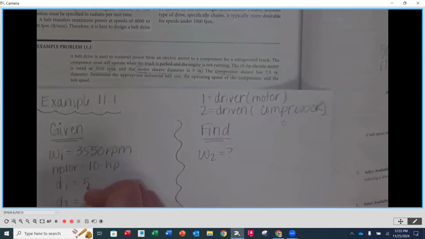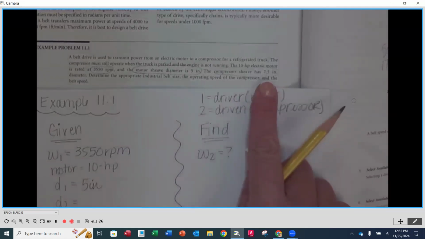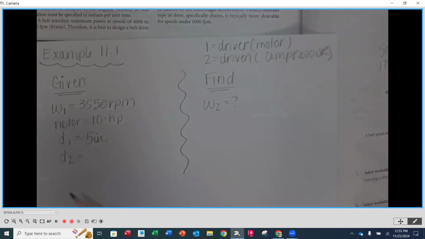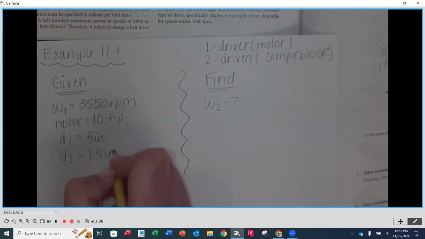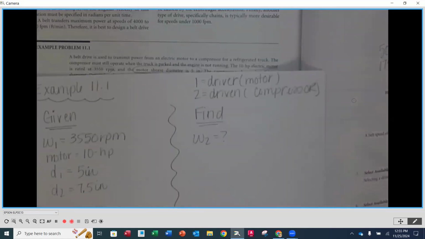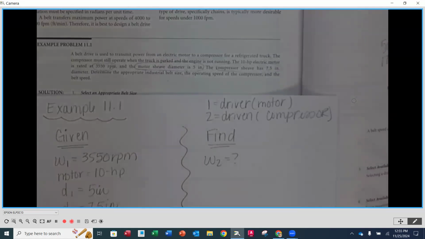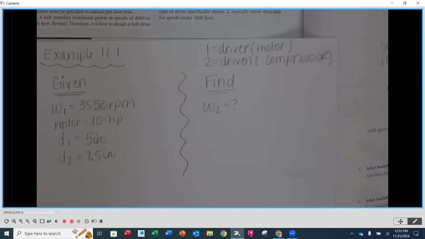You're correct. So 5 inches is going to be D1. And then D2 is going to be the 7.5. Perfect. Anything else that you wrote down as given in this problem? No, those should be it.